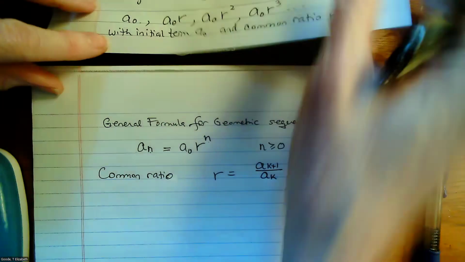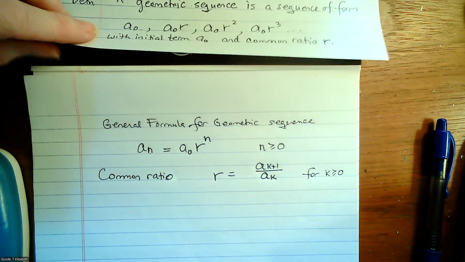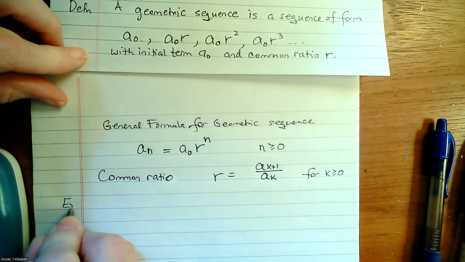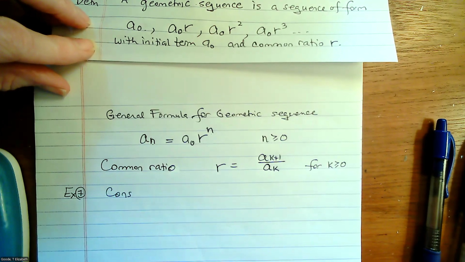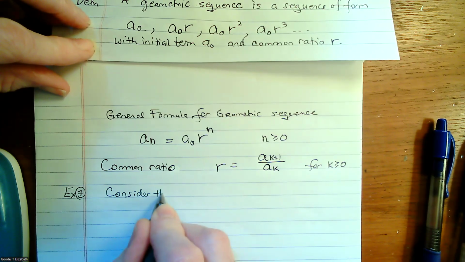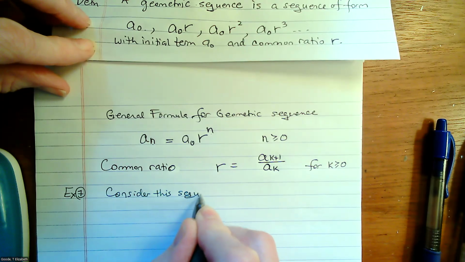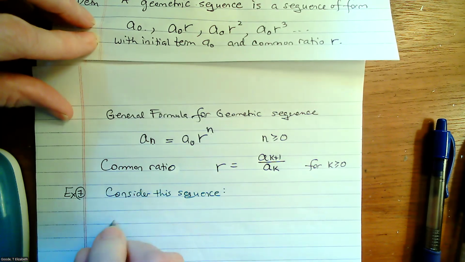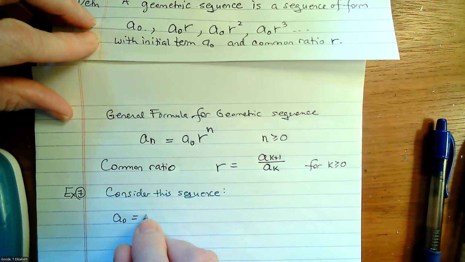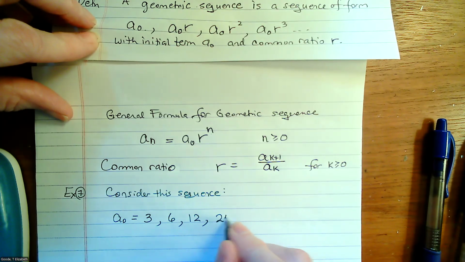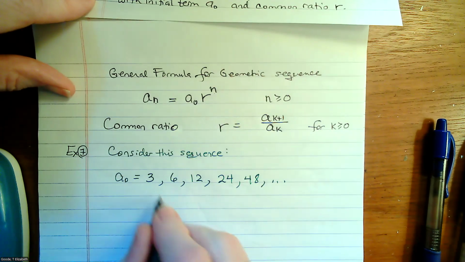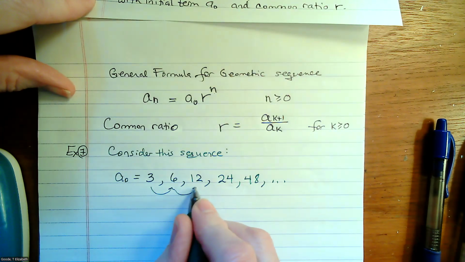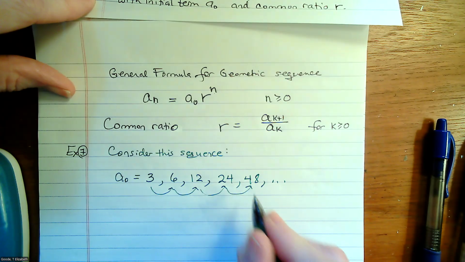But in a geometric sequence, we can see things happening because of dividing. Consider this sequence. We're doing something to get from term to term.